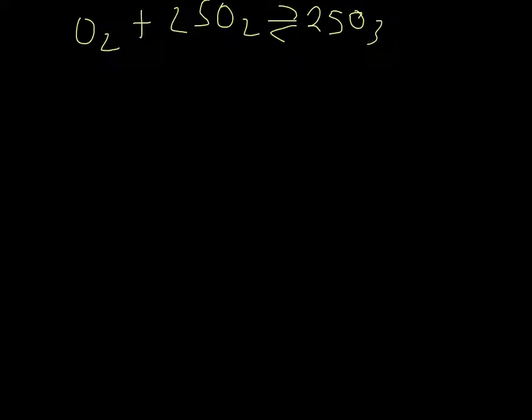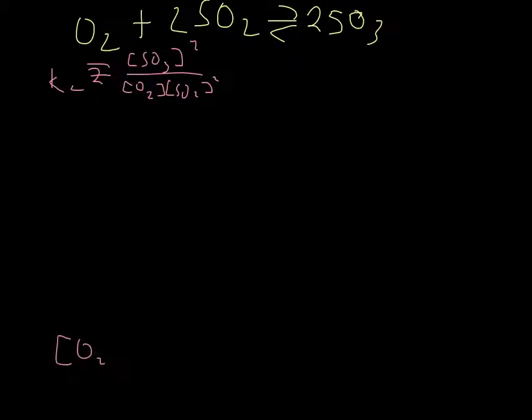Again, our Kc is going to equal SO3 squared over SO2 squared times O2. Alright, so that's our equilibrium constant, and let's say at equilibrium, I tell you O2 is 2 times 10 to the negative 8 mole.